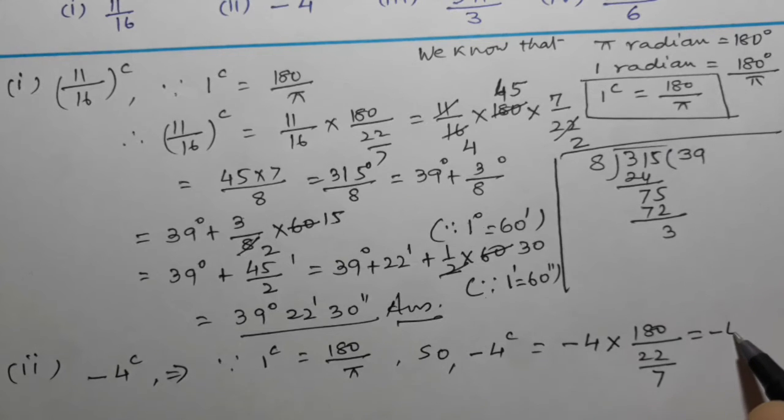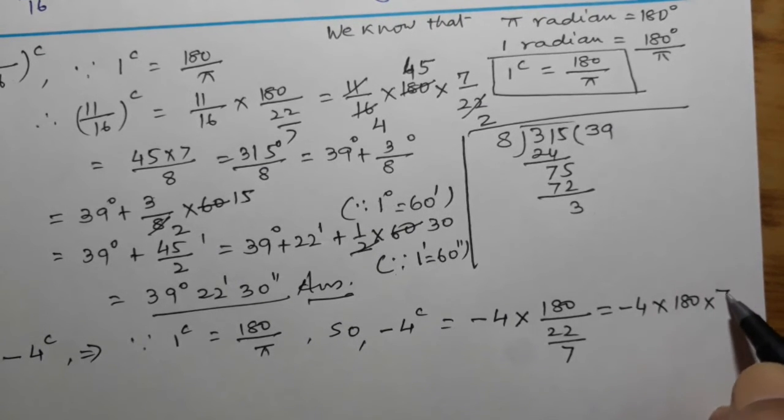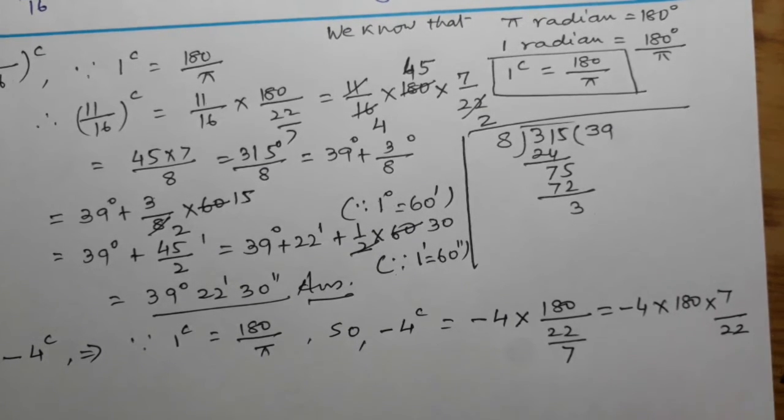It will be minus 4 into 180 into 7 by 22, right?